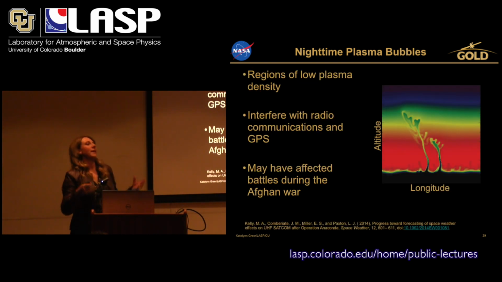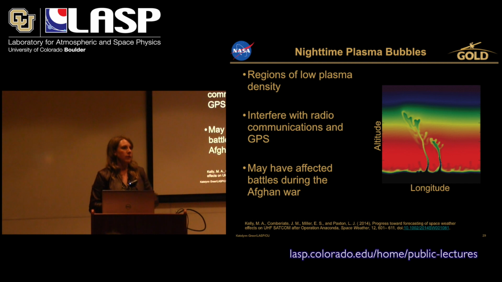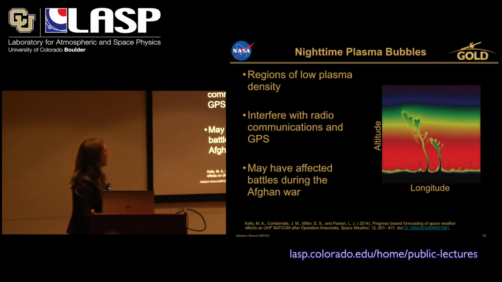So what are these bubbles I keep talking about? Well, bubbles are basically regions of low plasma density surrounded by high plasma density. In this picture, you can see the warm colors as high plasma density, or lots of ionized gas, and the cool colors as low plasma density.